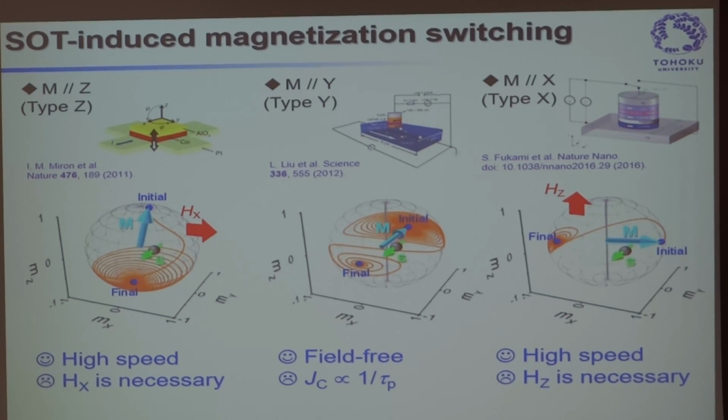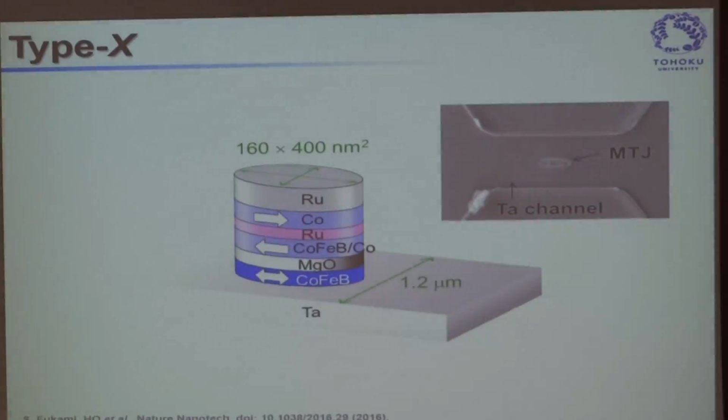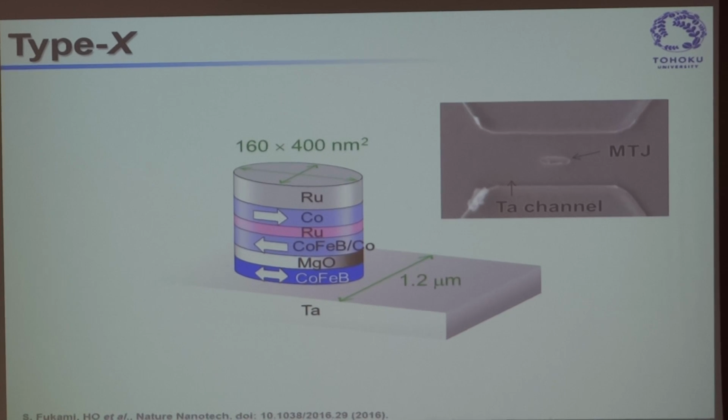All right. So first, threshold current. We've been making this type X from cobalt iron boron on tantalum. This is good because we can also make type Y and type Z. Type Y is Cornell, type Z is Grenoble, Barcelona.